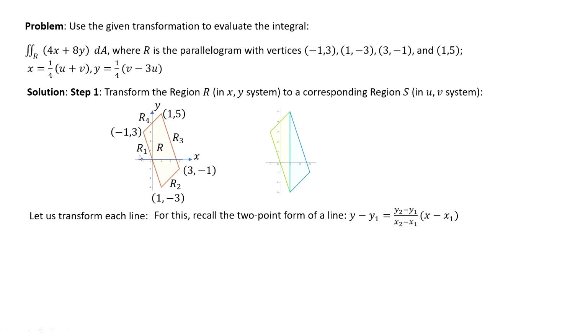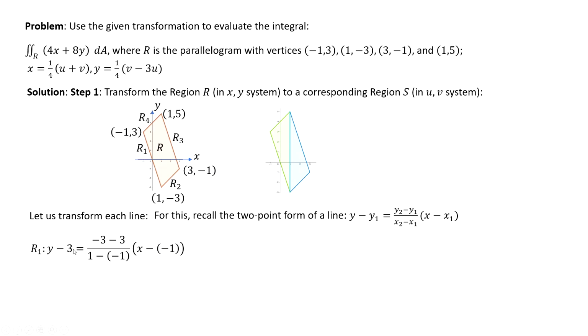So you pick a point, let's say we call this x1, y1. I took this to be x1 and that to be y1 and this to be x2 and this to be y2.